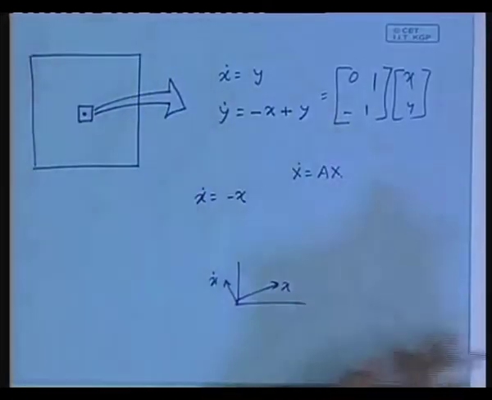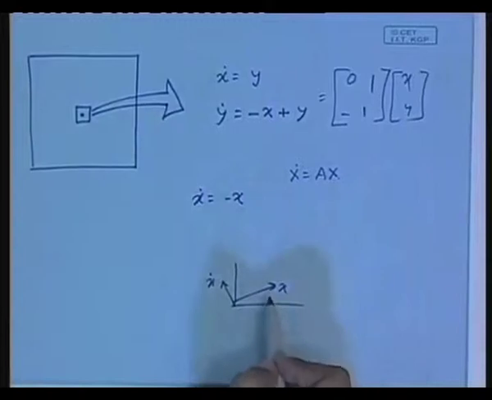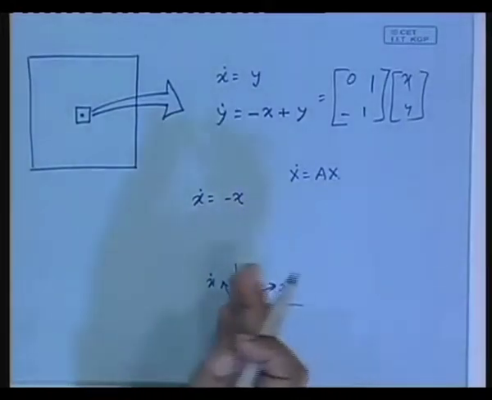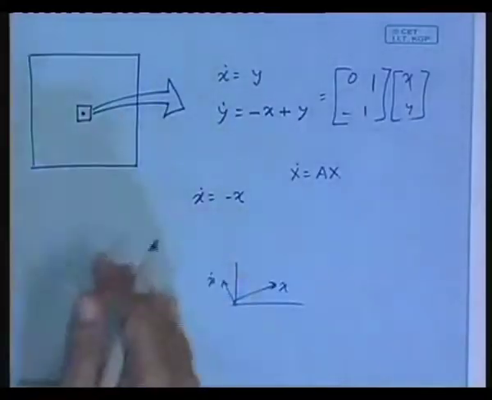Okay. In general, the vector on which it operates and the vector that you get, these are different in magnitude as well as direction. But then you have learned in your math courses that there exist in a 2D system two directions, such that if the initial vector is along that direction, the x dot, the resultant vector, is also in the same direction.